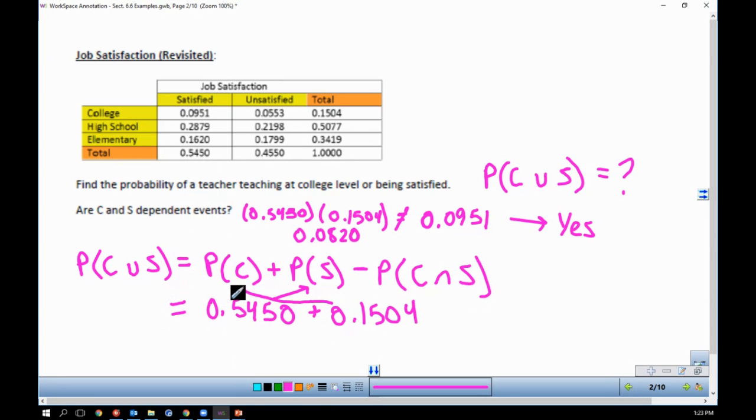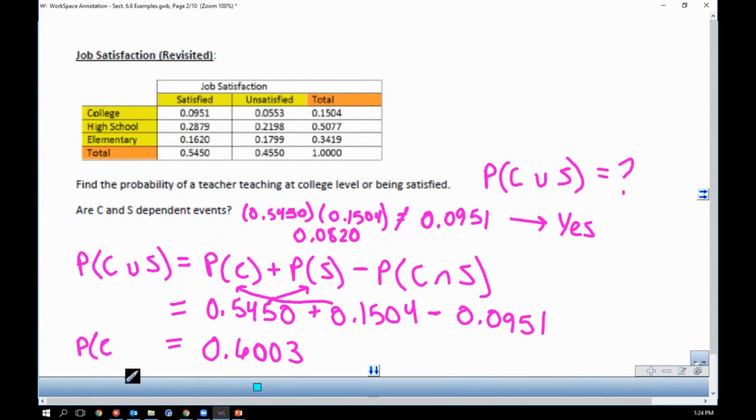This goes with that one. Minus the probability that they're both, 0.0951. So then we would type that in and we should have gotten 0.6003. Don't make that an E.